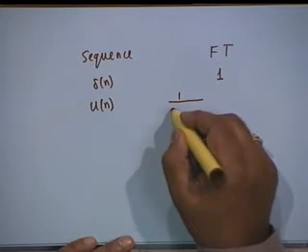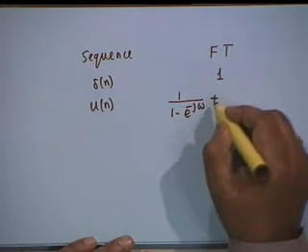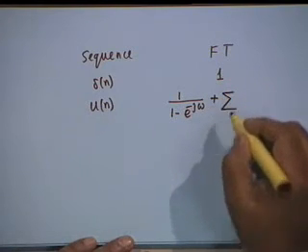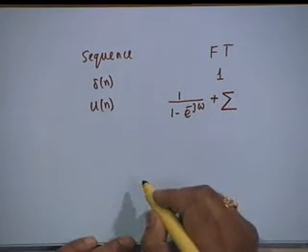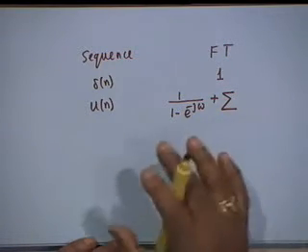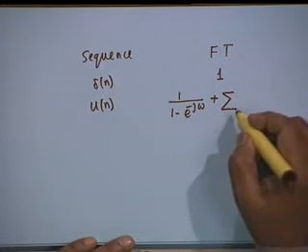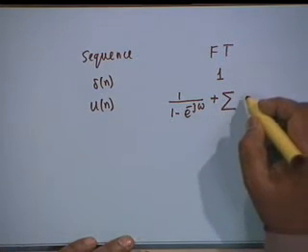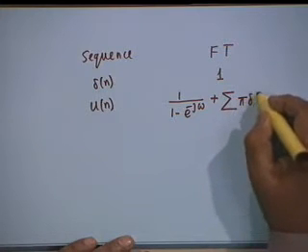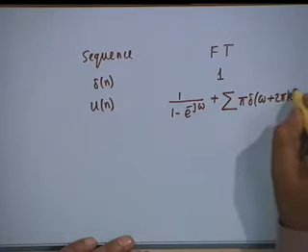The transform is 1 over 1 minus e to the minus j omega plus a summation of delta functions. u of n is neither absolutely summable nor square summable, and therefore we have to bring in delta functions, and this is pi delta omega plus 2 pi k.